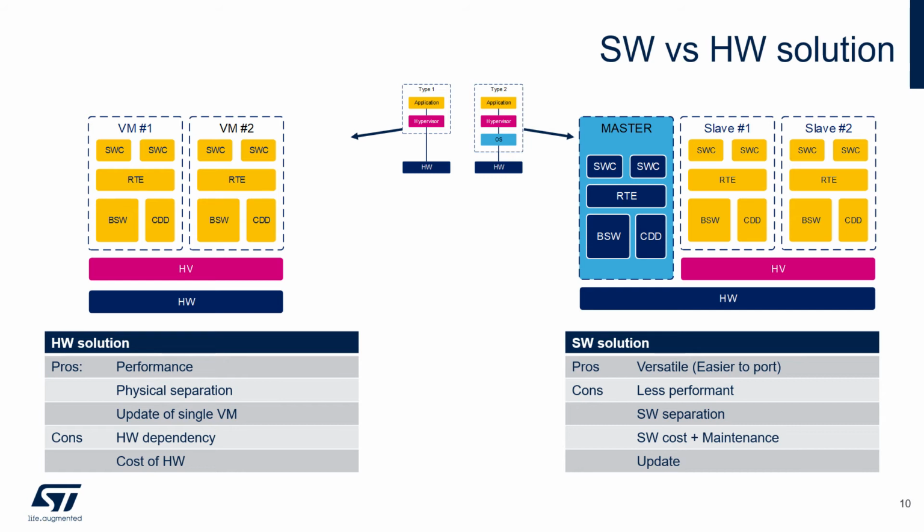But as a downside, the type 1 makes it more dependent on the hardware, which is the cost for a physical separation. At the end, the costs are either on the hardware or the software side.